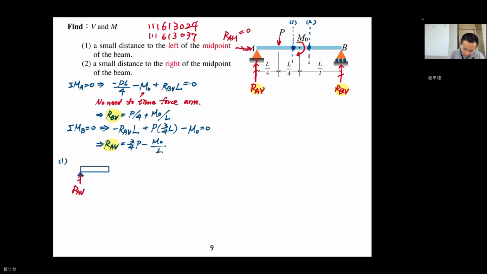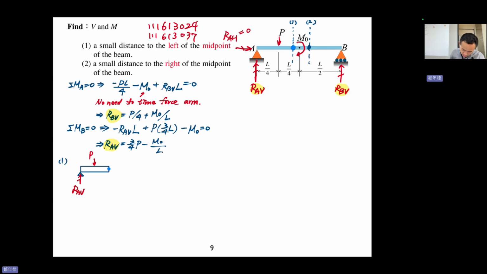It looks like RAV, right? And this is P, should be in the middle. Sorry, I will make this point light blue.